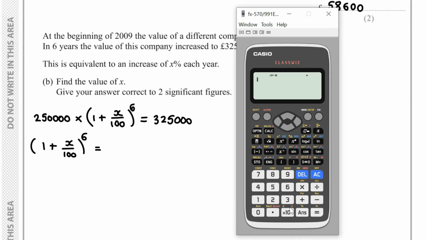If we work out what this is, we've got 325,000 divided by 250,000. It turns out we get 1.3.